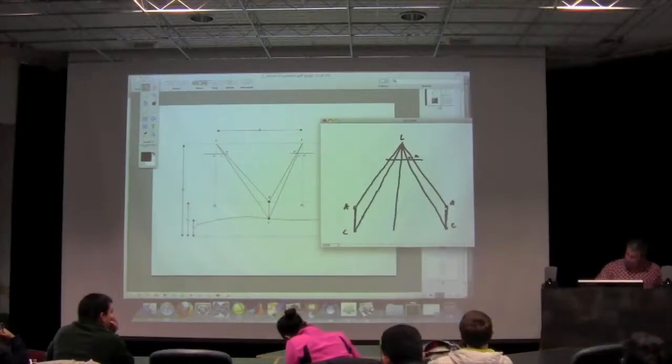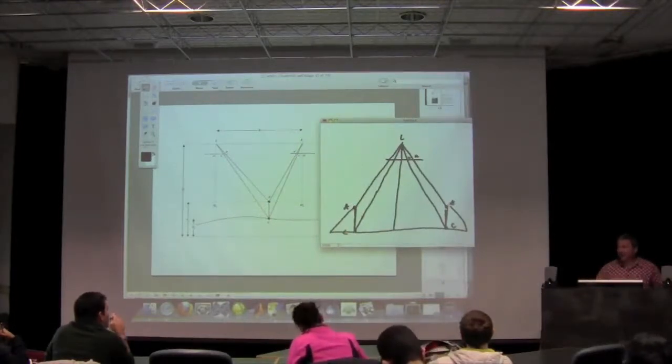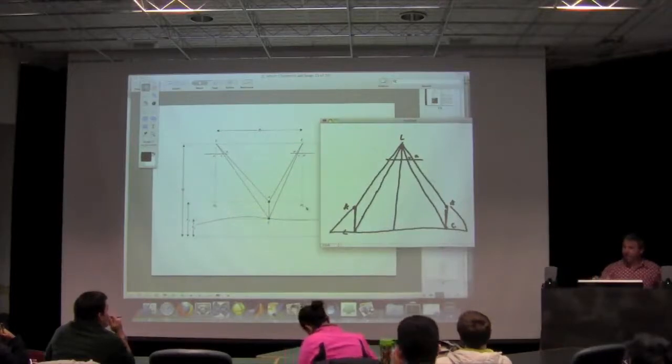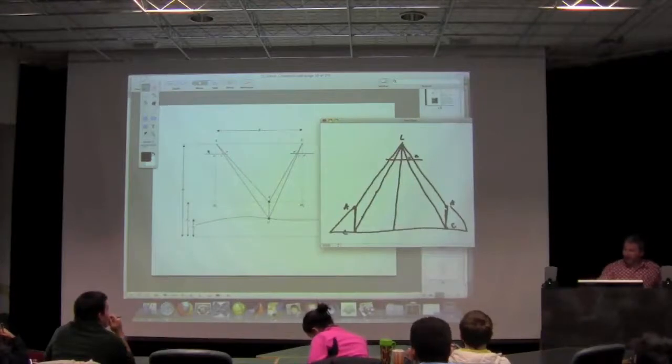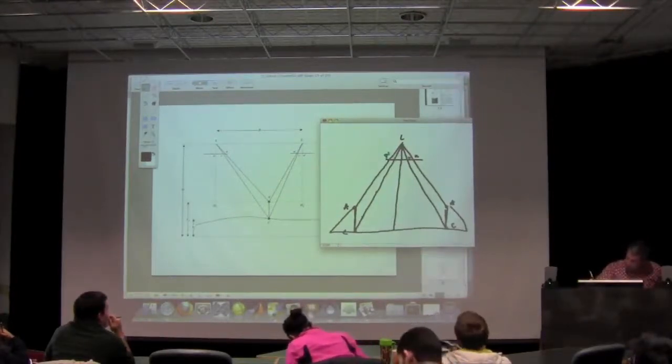Why did I do that? Well, if I continue and finish out this triangle, now I have a bunch of similar triangles that I can work with. Okay? They're not two separate stations any longer. Right? As long as the camera looks straight down in both positions, I can do this. I can shift one of them over here, and now I have, what do I have? I have A prime out here, and C prime over here.